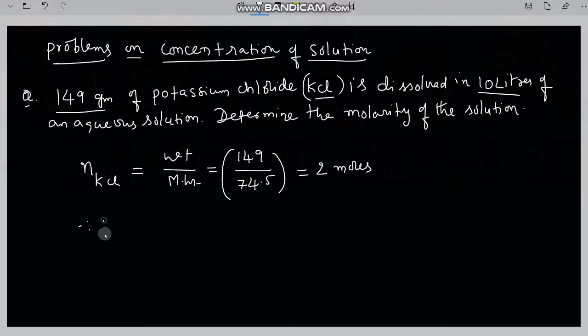Now we'll see the molarity formula. Molarity, capital M, equals the number of moles of solute, here KCl, present in 1 liter of solution. So if we express volume in liters, then the number of moles by volume, n by V, is the molarity formula.